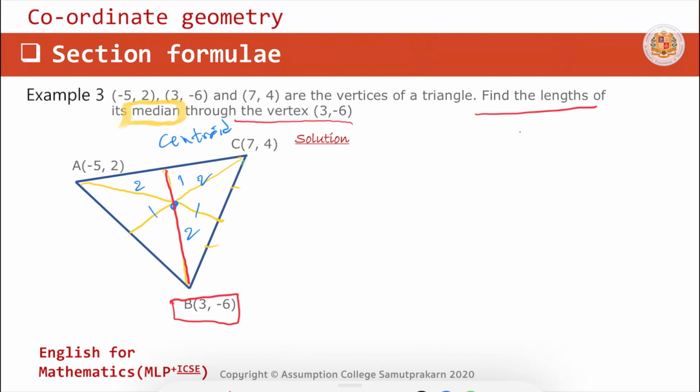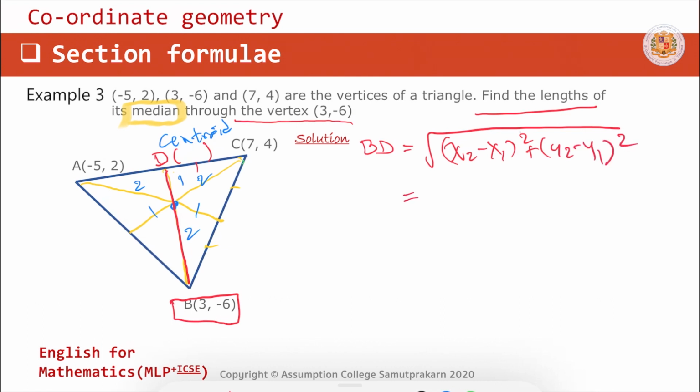If you have A, B, C, I should name this point D. If you know the coordinates of D, we can use the distance formula between B and D. So BD would be the square root of (x2 minus x1) squared plus (y2 minus y1) squared. x2 would be at D, and D is the midpoint between A and C. We don't know the formula for the midpoint, but we know the section formula.